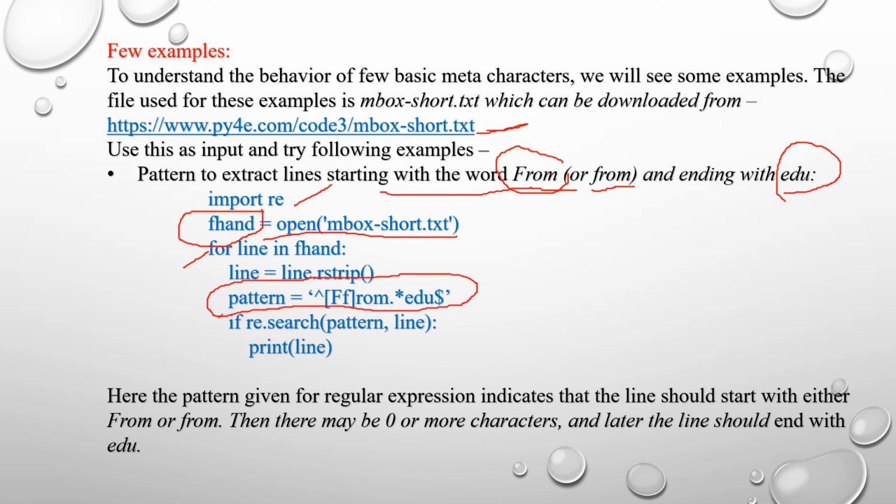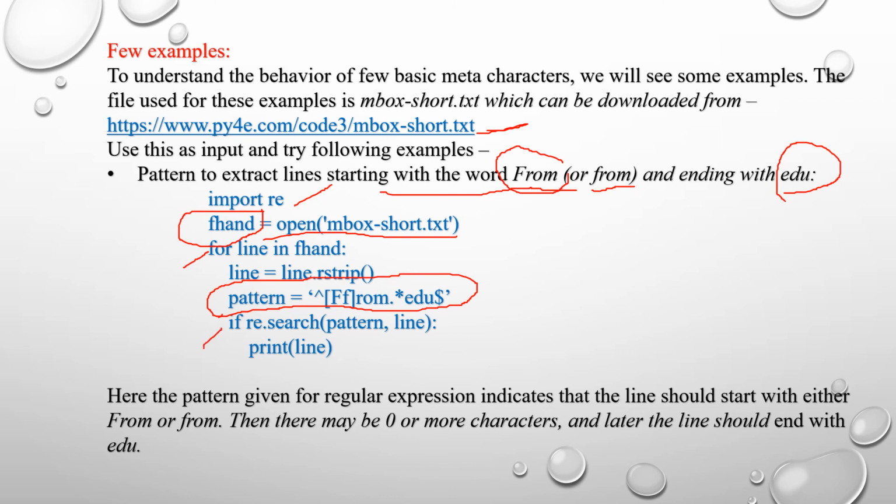The condition is that I want to extract lines starting with From and ending with edu. So here I am using the caret symbol. Within a square bracket I am specifying uppercase F and lowercase f, then rom, then a dot. After that I am using star, and the end letters are edu, so I end with the dollar symbol.